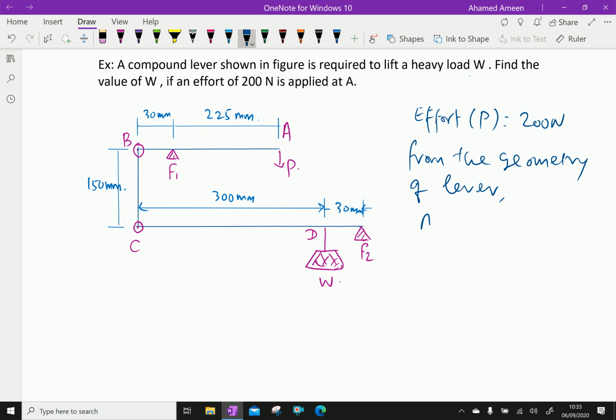AF1 by BF1 equals 225 over 30, which equals 7.5.